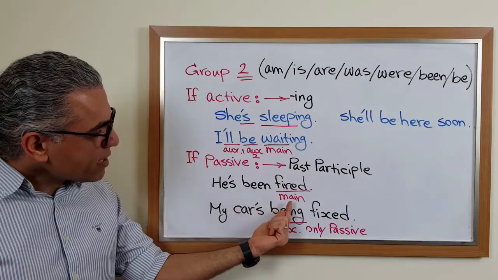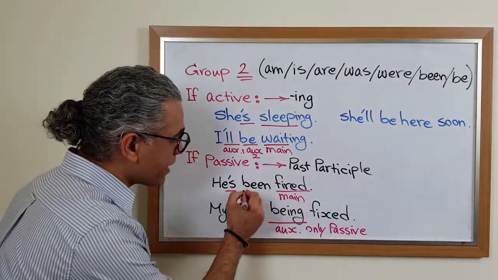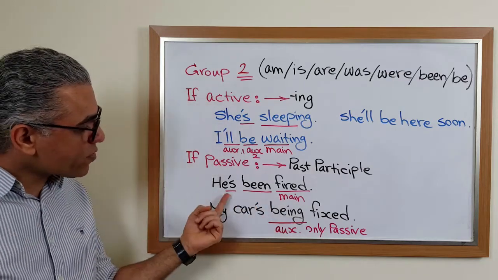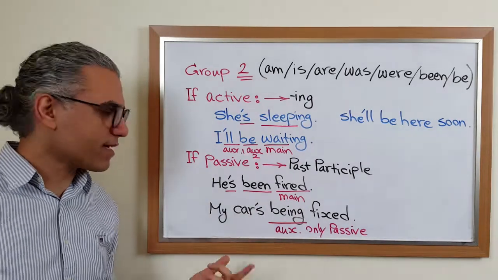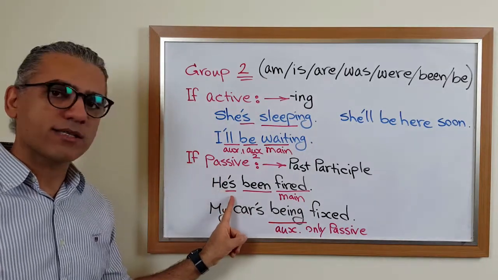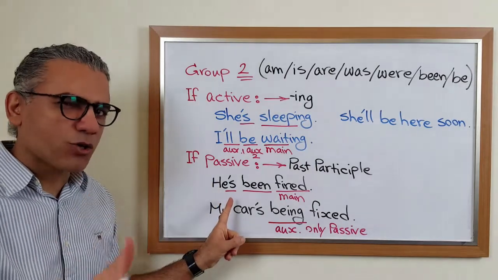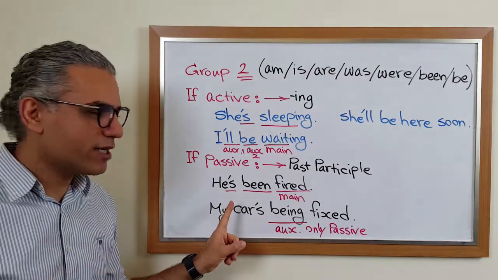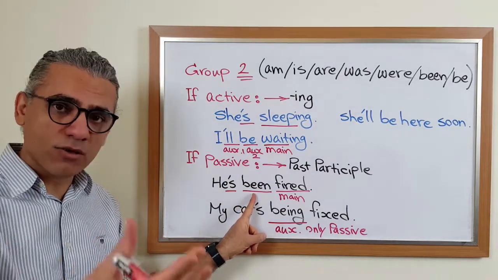So this is our main verb, and we have two auxiliary verbs in here, this one and this one. The first auxiliary verb is has, because this is a present perfect sentence. This apostrophe s is not is, it is has. So because it is has, it is in group 3. We'll talk about it in a minute. The following verb, which is been, is another auxiliary verb.